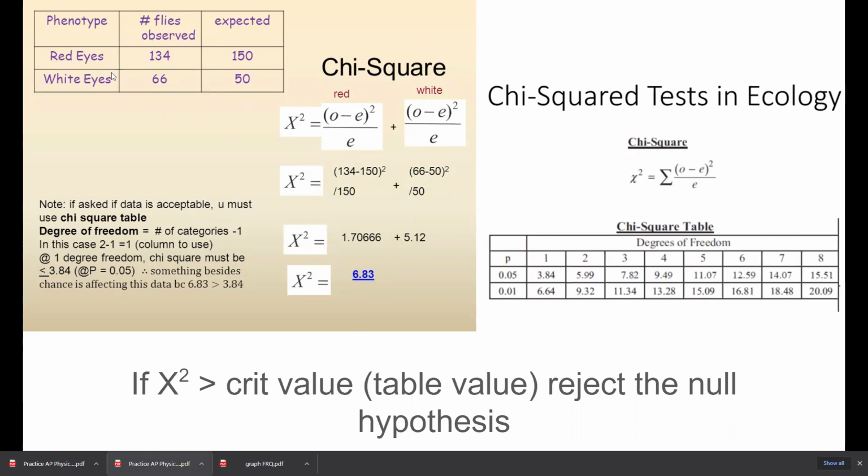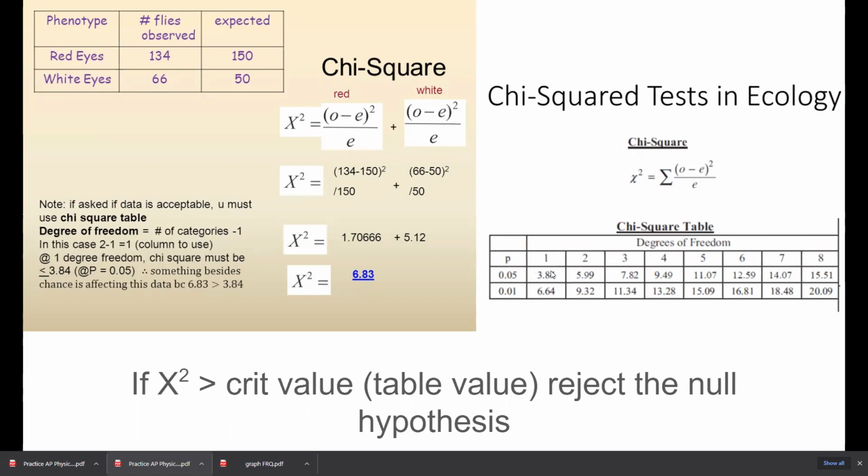So this experiment, where it was red eyes compared to white eyes, first of all, there are 2 degrees of freedom, again, because it's the number of categories minus 1. So we would look in our table. This is on the actual equation sheet. Here, we're going to compare to a p-value of 0.05.